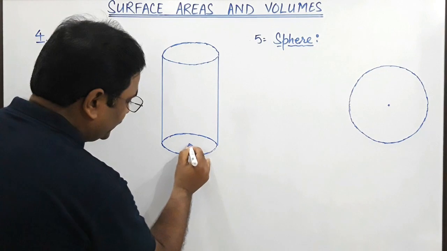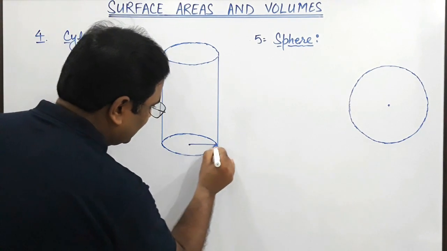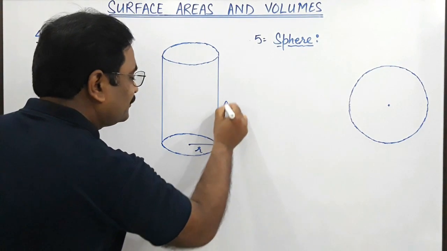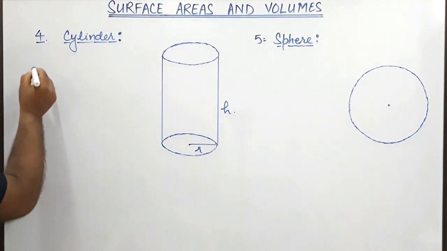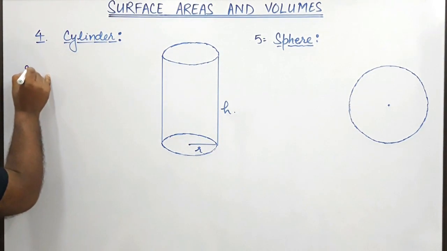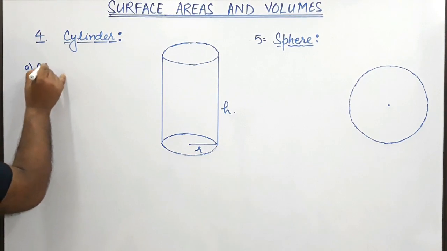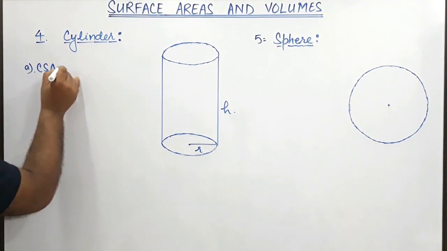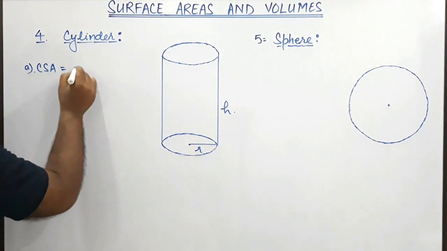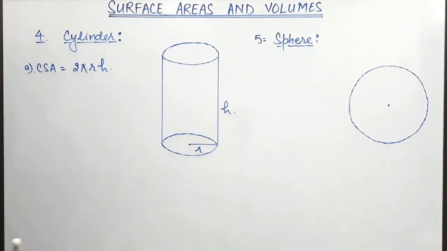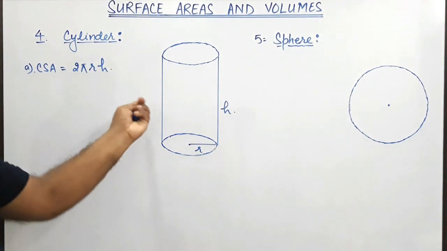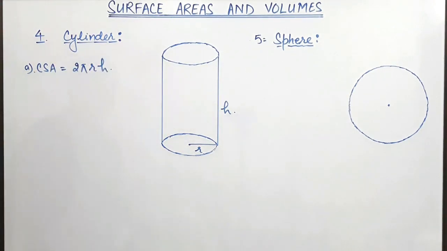If the radius of the base is r and the height is h, the curved surface area of the cylinder is equal to 2 pi r into h. This is the formula to find the curved surface area of this cylinder.